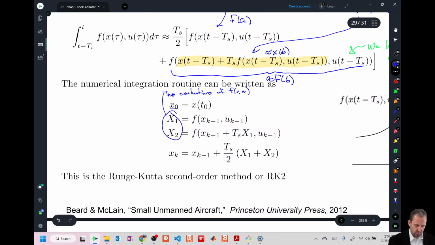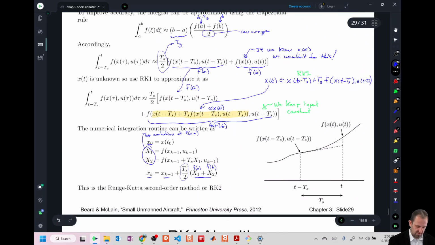So we start off, we know what our value is at time t naught, and then to get to the next step, x sub k is going to be equal to x at our previous time, plus this average times our sampling period. Remember, this is basically f of a, and this is f of b. So coming full circle, we have f of a plus f of b over 2 times the interval.